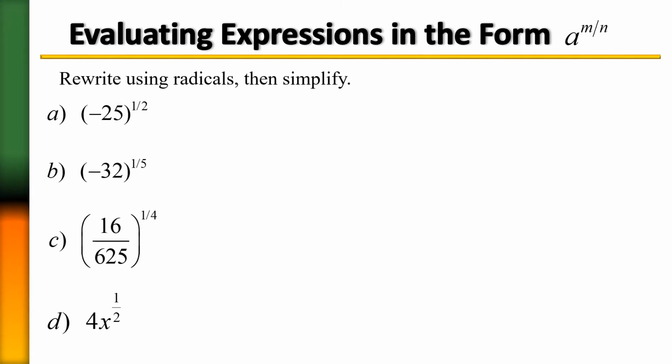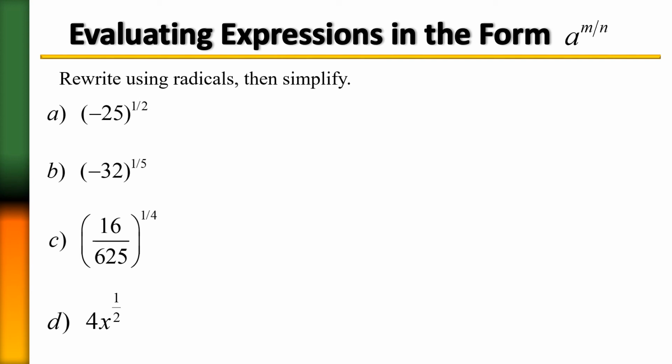So I want to take a look at a scenario when you have the number, and instead of outside, the negative is now inside the parentheses of the number. So when that is the case, that means the negative will follow with the number going underneath the radical sign.